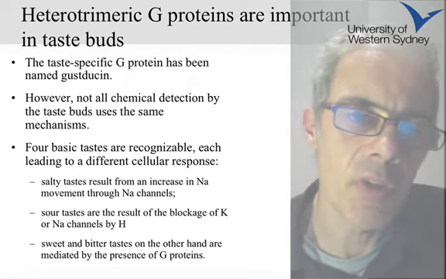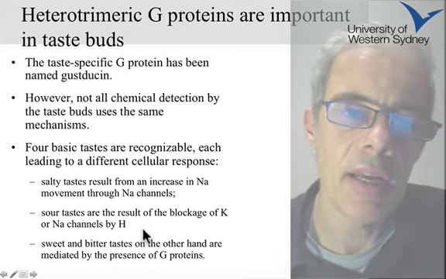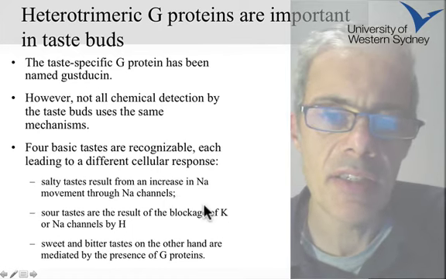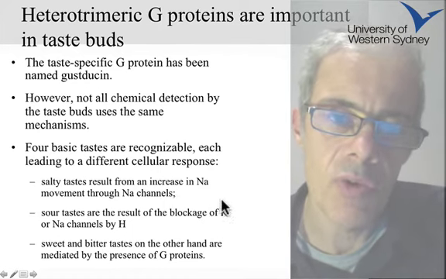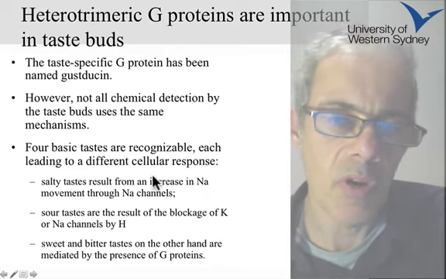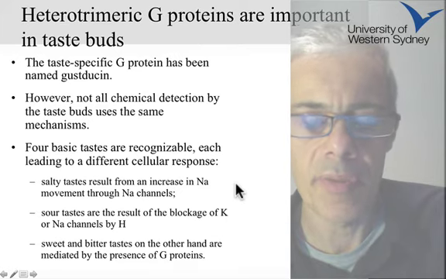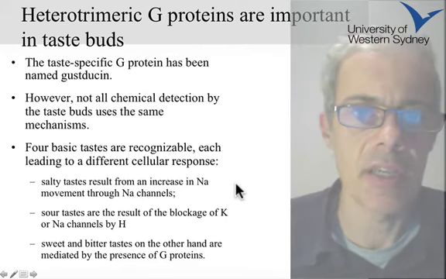Typically, the textbook describes that 4 basic tastes can be recognized, and these tastes are perceived through different cellular responses. And we're not going to go into the details of how these movement of ions are perceived as taste.